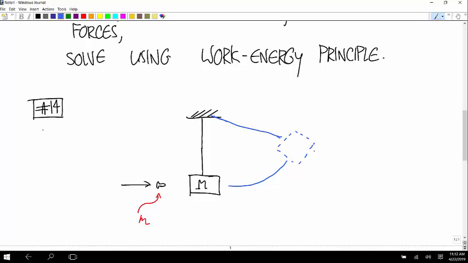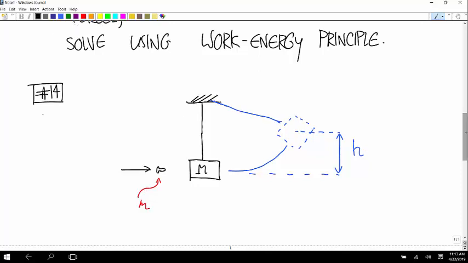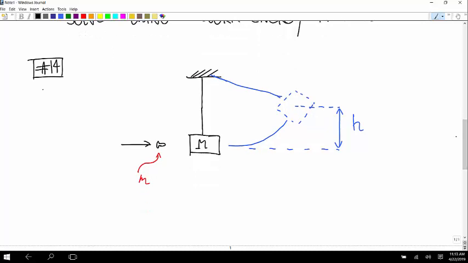It swings up to a change in height of h. And we want to use that height that we can measure to figure out the speed of the bullet.